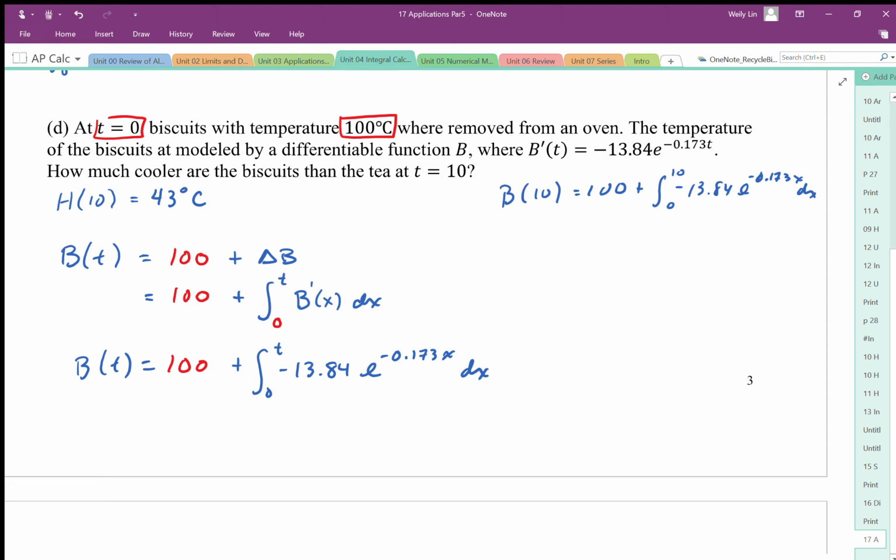Okay, and then using my integral, I'm going to end up with B of 10 is equal to 100 plus the area under that curve. So from 0 to 10, I'm going to integrate this.